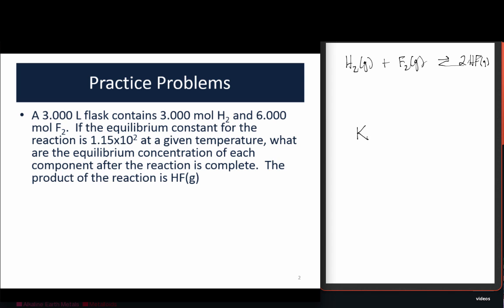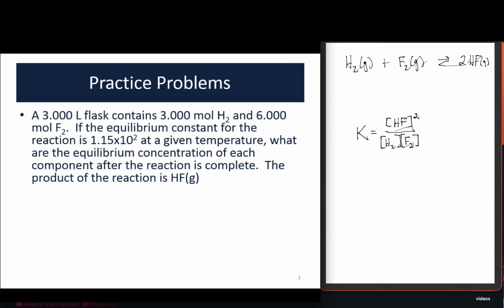K is going to be equal to the concentration of the products, in this case HF, squared, raised to their stoichiometric coefficients, divided by the concentration of the reactants, in this case hydrogen and fluorine.